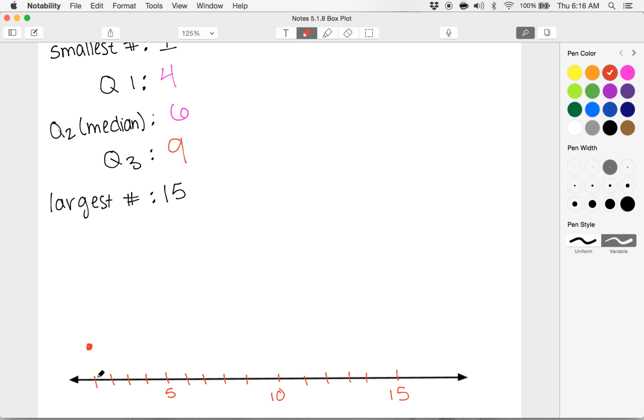Next, I'm going to put a dot over 4, a dot over 6, a dot over 9, and a dot over 15. So we're going to take our lines and connect the outside 2 dots. We make a box. And there's our box plot.